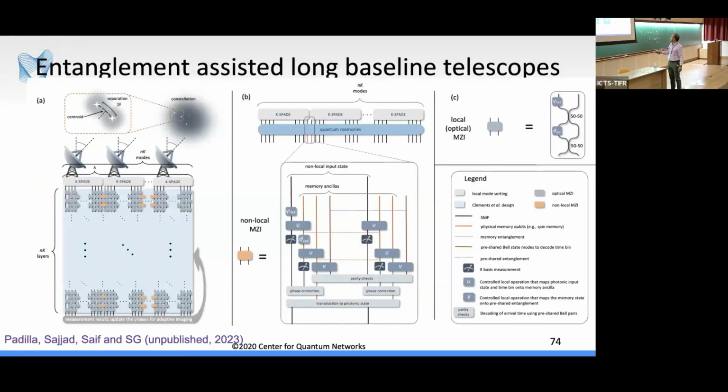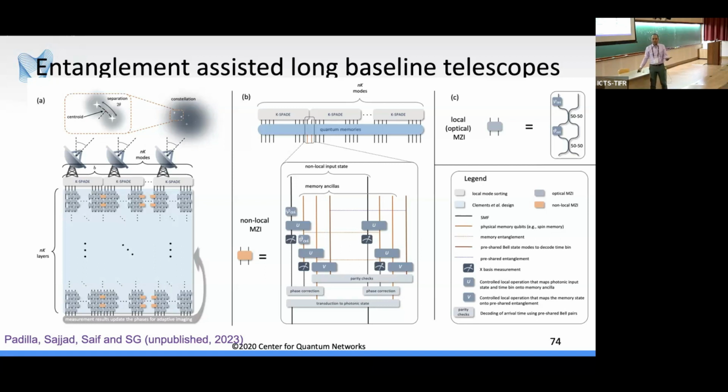So anyway, I will skip this, and this is just a general picture of what he has drawn. The idea behind this entanglement assisted sensing is the following. These are my SPADEs, spatial mode demultiplexers, sorting K modes at each telescope. If I just imagine in my head that all those modes are available to me in one place, we know how to calculate this big linear optical interferometer, detection and feedback into this interferometer.